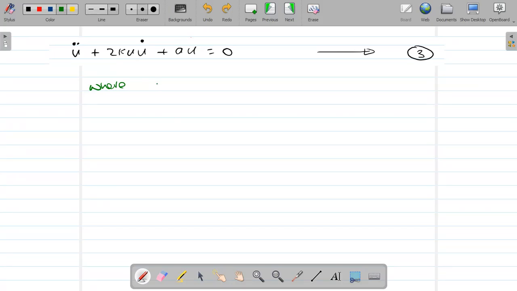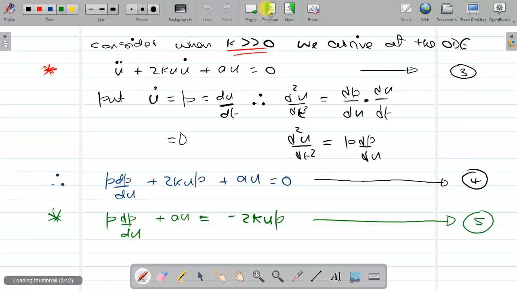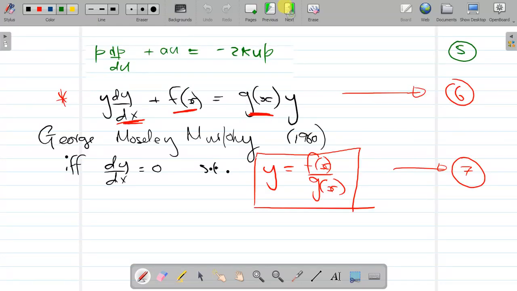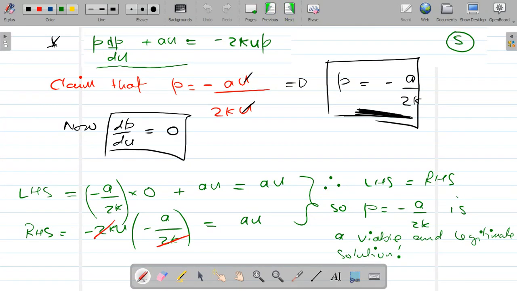So u dot has been set equal to P, but we know, let me just see if I can, here we are. So it's added the page in at an odd position in the series of pages.